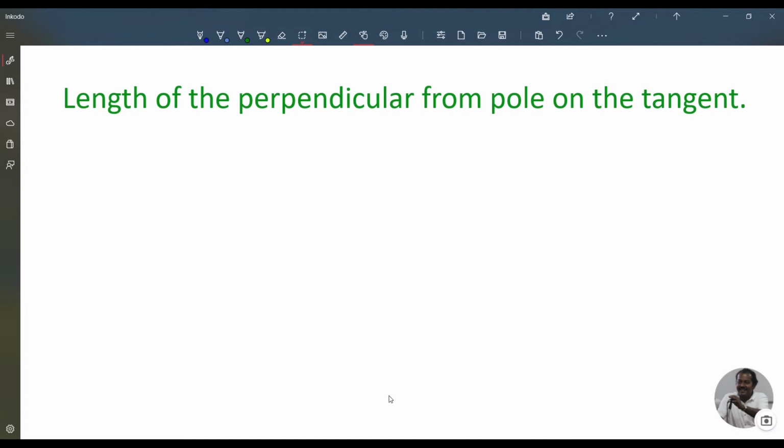In today's class on analytic geometry, we are going to find an expression for the length of the perpendicular from the pole on the tangent. Let r equal to f of theta be a polar curve, and consider a point capital P (r, theta) on the polar curve. Let O be the pole.